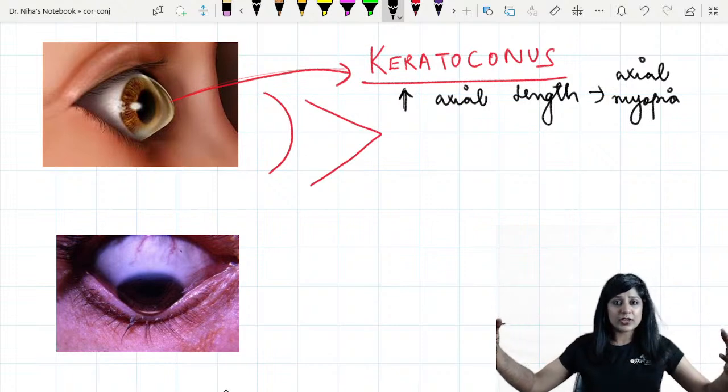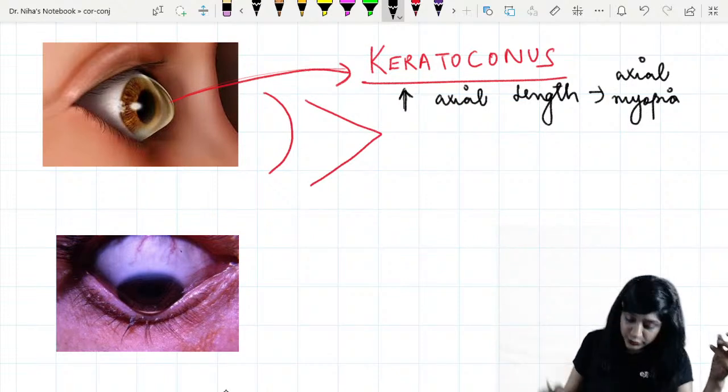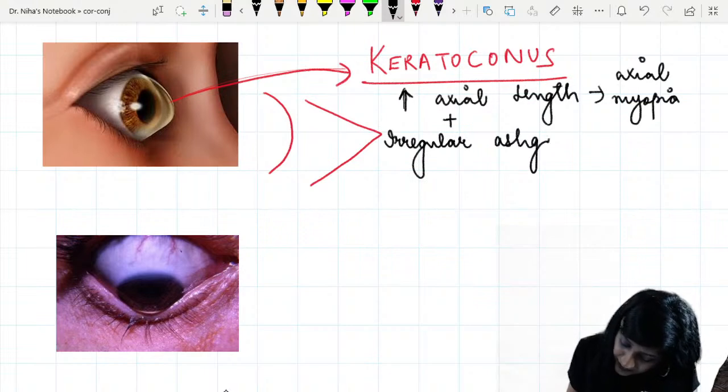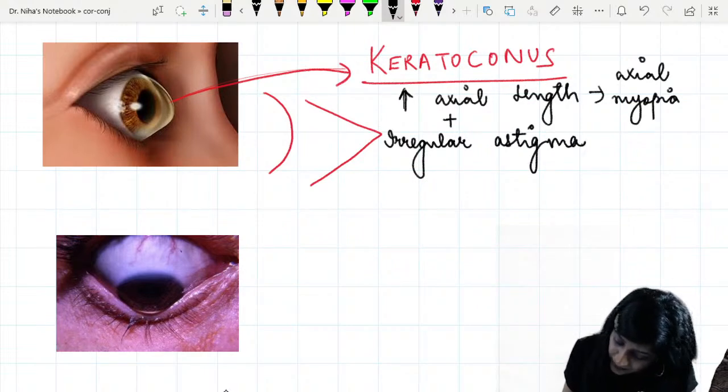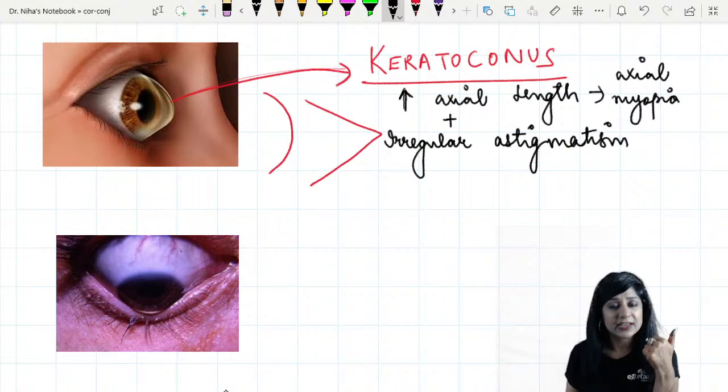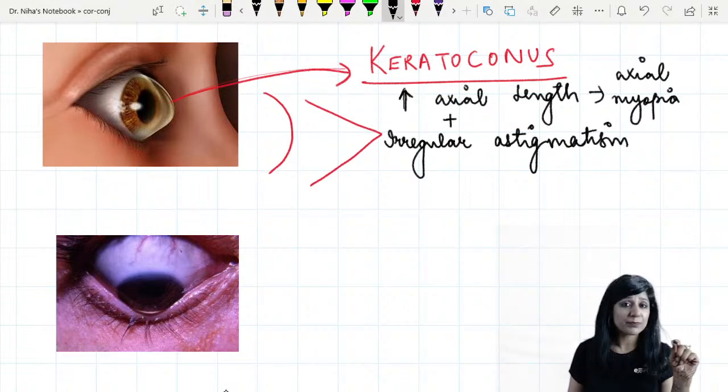Increased axial length and it is irregular also. So I will also have irregular astigmatism. So this patient will have increased axial length also, as well as irregular astigmatism. Very, very important thing.